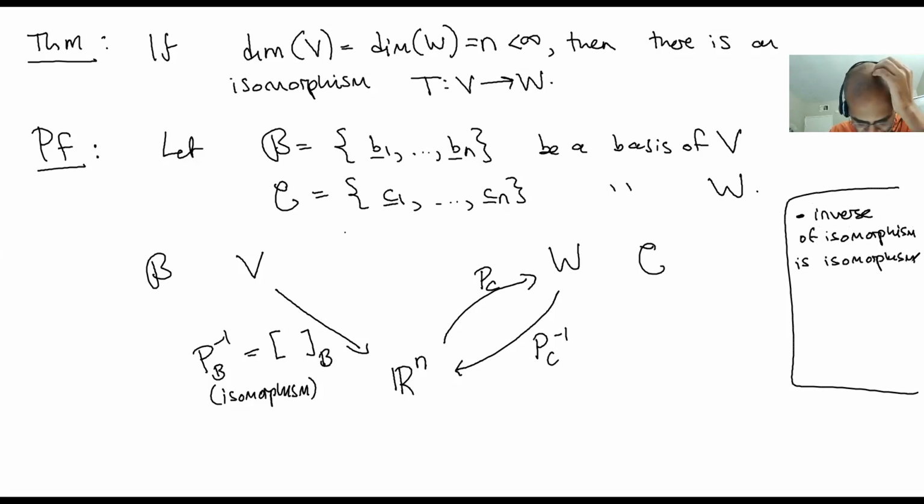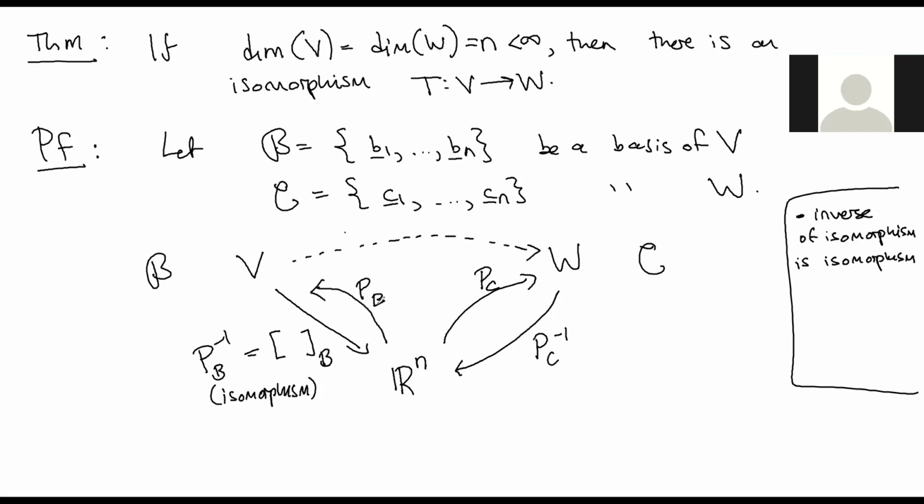Okay, so now I'm going to do kind of a cool thing. I want to find an isomorphism between V and W, right? Can anybody think of how to make one out of what we have on the table here? PC of PB. Close. That's not quite right because remember PB goes this way, right?